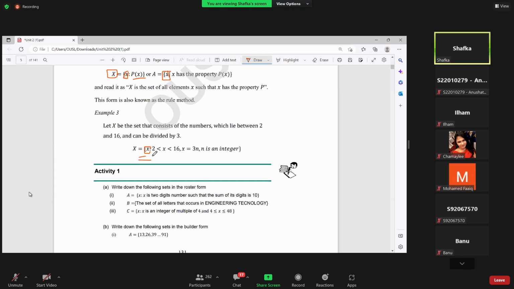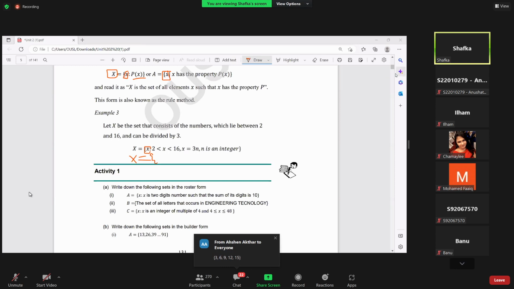Okay, can you please tell me the tabular form of this? If you can understand these properties, you would be able to tell the elements of this set. Can you all understand these rules?